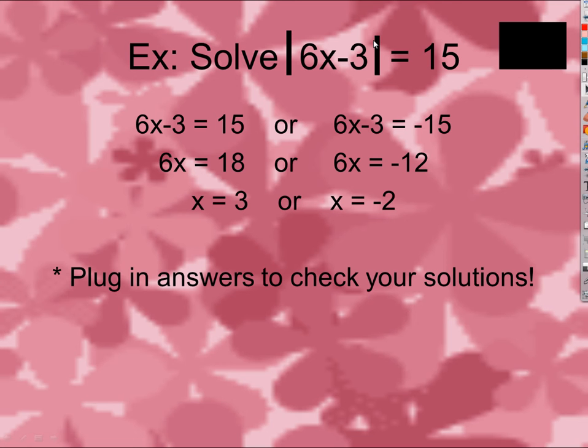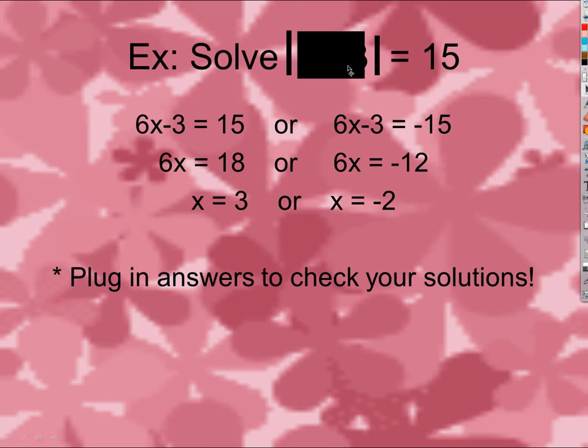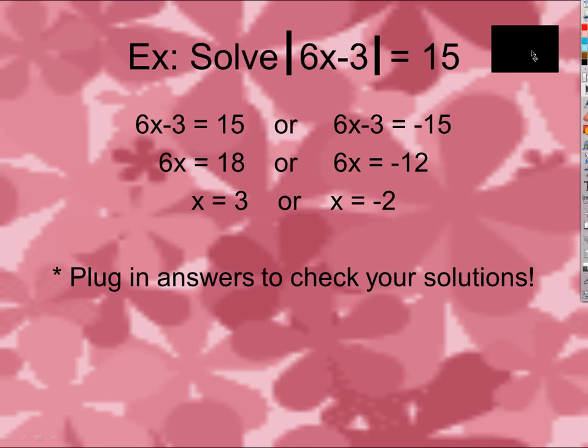What we're doing is saying whatever that expression inside the absolute value bars is, we won't worry about it, it either has to have a value of 15, because then the absolute value of that expression would equal 15, or it has to equal negative 15, because then its absolute value would also equal 15. So you don't do anything tricky with the absolute value; you don't do any algebra with the absolute value equation. We don't want to.